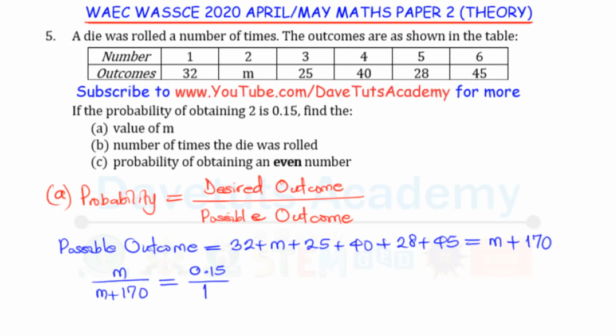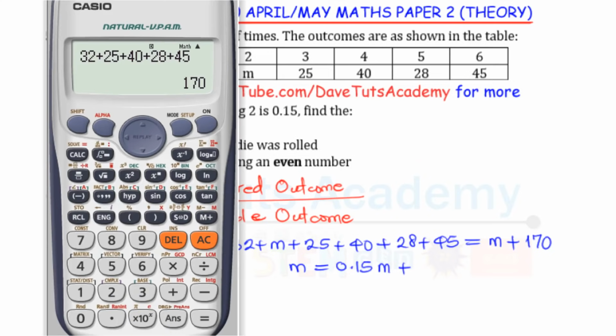All we have to do is solve for the value of m, and we can cross multiply to say that m is equal to 0.15 m plus 0.15 times 170.